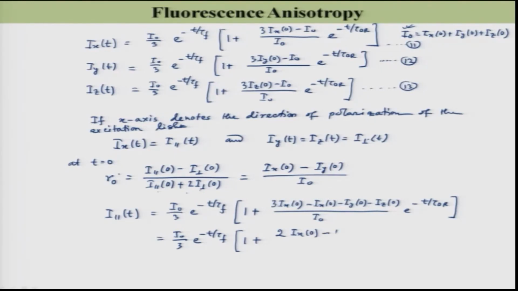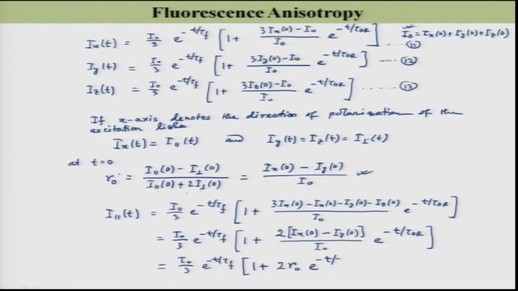So, I will write here Iy0, 2 is common, divided by I0 e to the power minus t by tau r. Here you see Ix0 minus Iy0 by I0, this is nothing but R0. So, here I0 by 3 e to the power minus t by tau f, 1 plus 2 R0 e to the power minus t by tau r.